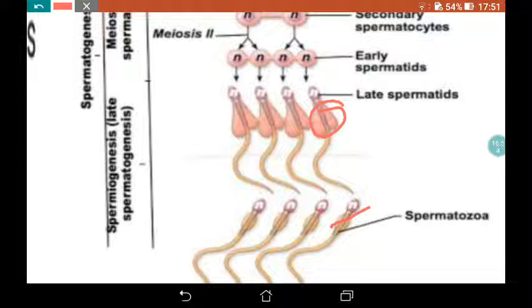Second, there is a lot of modification in the mature spermatozoa. You see the presence of the head, the middle piece, and then the tail. Clear? So all this differentiation occurs, and only then the spermatid gets converted into the spermatozoa. This process is called spermiogenesis.